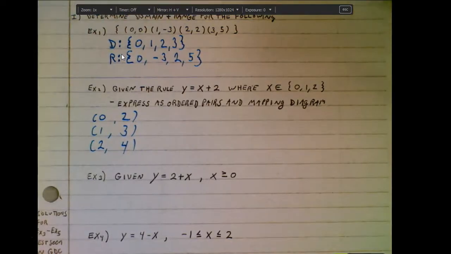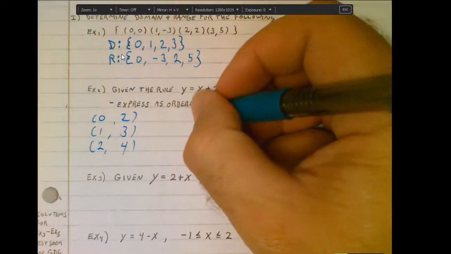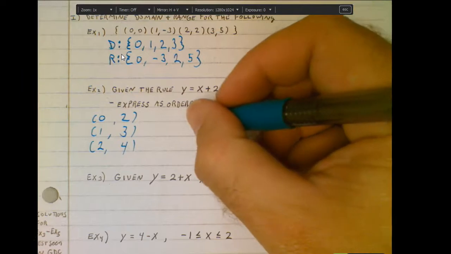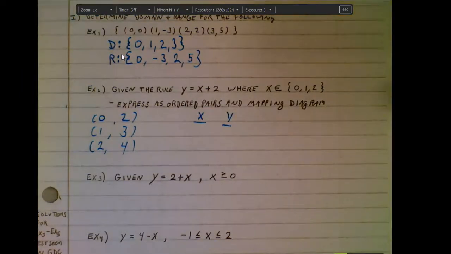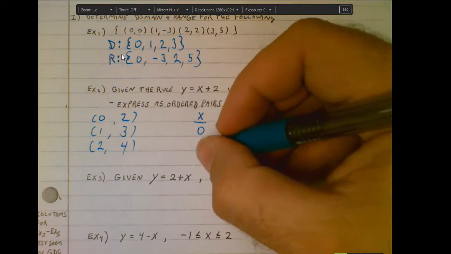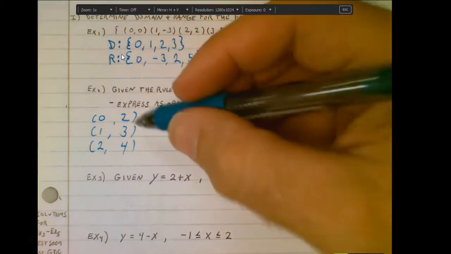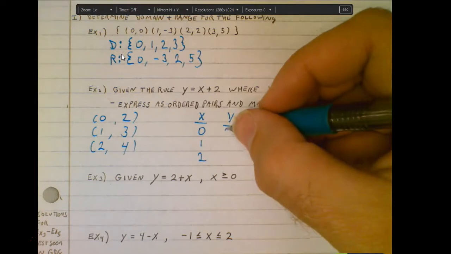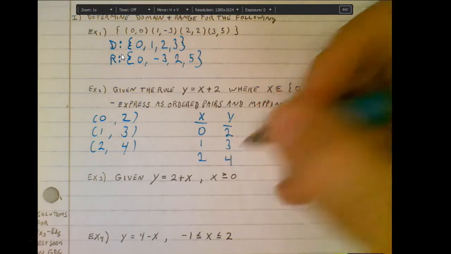A mapping diagram lists the x's and the y's, but it lists them vertically. So I would have my x list like this, and my y values 2, 3, and 4 over here.